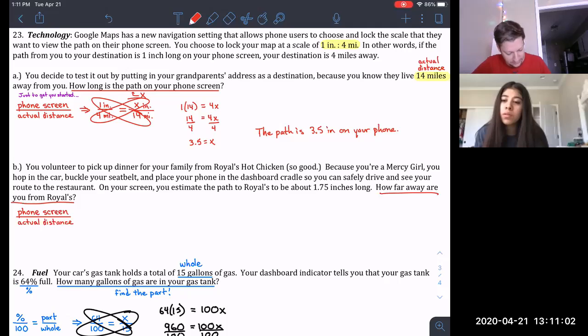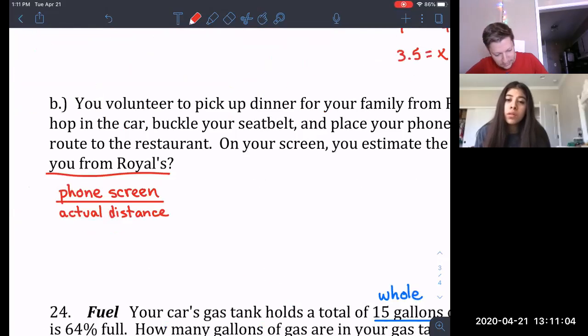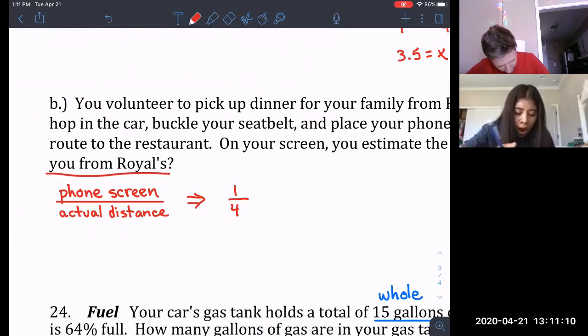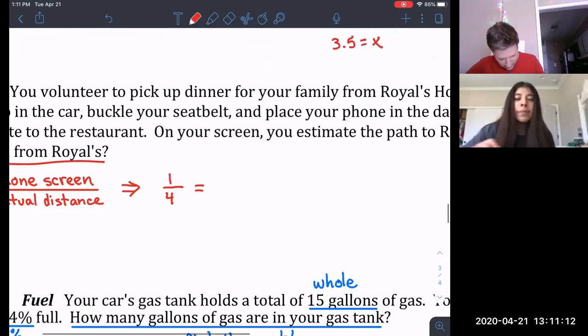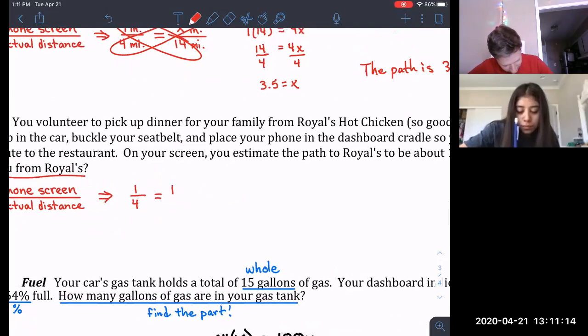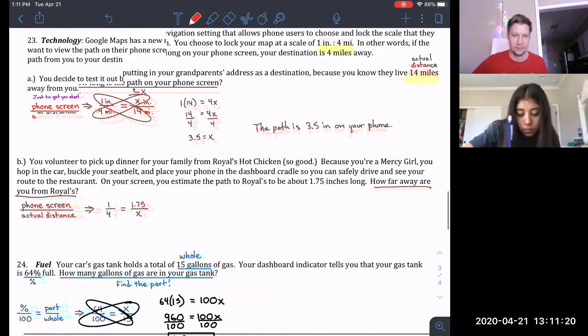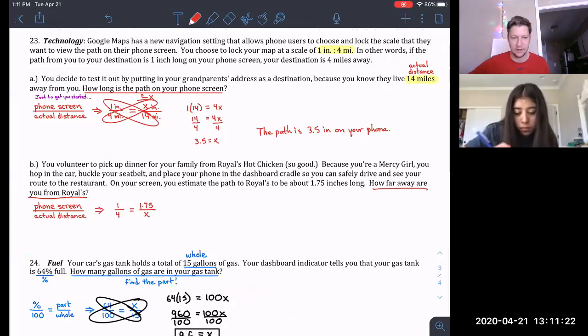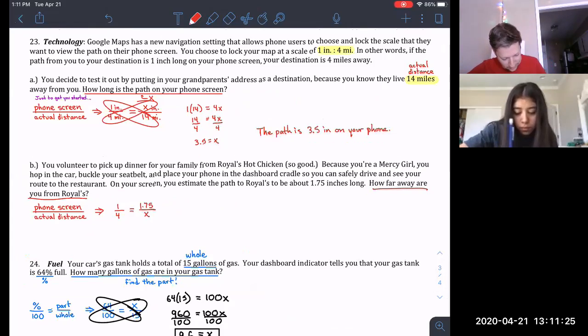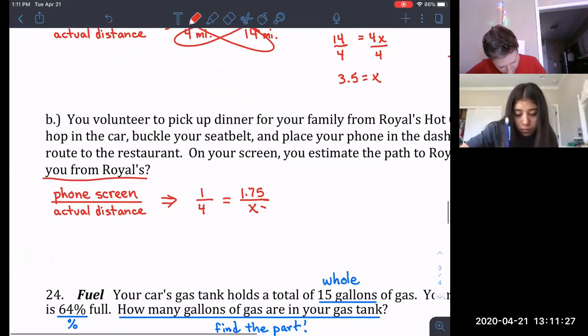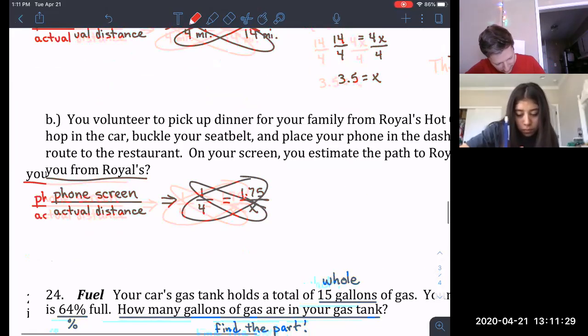So the actual distance, we're still using the same ratio, and that's kind of nice. So we're still using 1 inch equals 4 miles. But now we know that the phone screen distance is 1.75, so that goes on top, and we're looking for the actual distance. So now our x is on the bottom, but the great thing about cross products is it makes it so easy to solve. All we have to do is multiply these, set them equal.